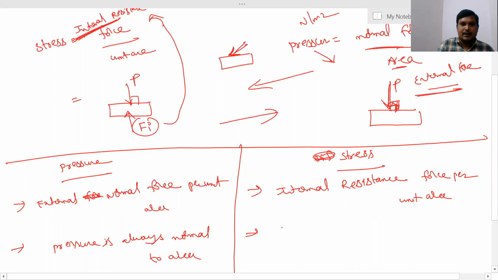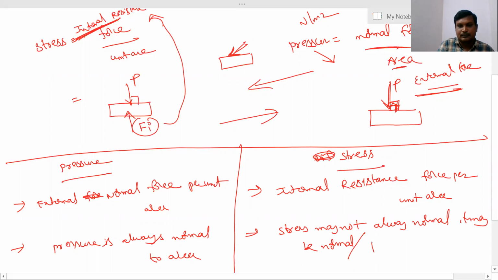Next, stress may not always be normal. It may be normal or parallel to the area. Is it clear?